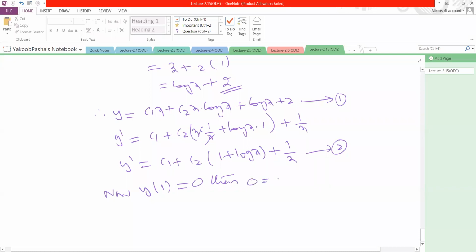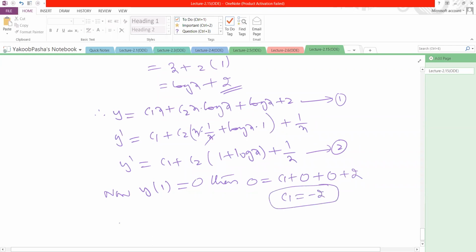So 0 is equal to c1 plus c2, x is 1, log 1 is 0, so this term is 0, plus log 1 is 0, this term is 0, plus the constant is 2. So from this we can write c1 is equal to minus 2.